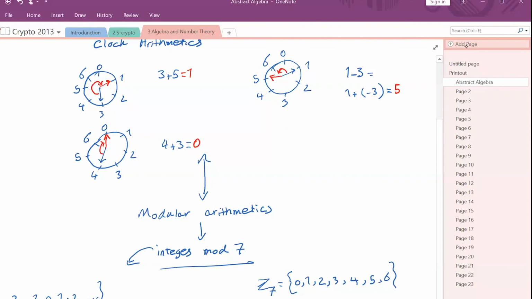Let me add another page. Now that we have seen these two, a set of integers, we know that they are a group, and this modular arithmetic or clock arithmetic is a group. Let's see what we mean by that. We are going to define, to answer the question from the previous slide, what a group is.